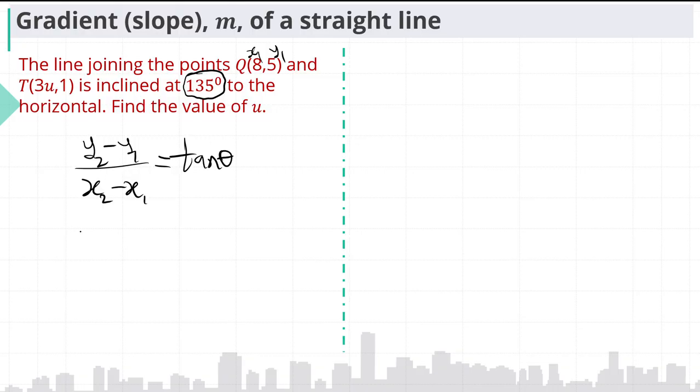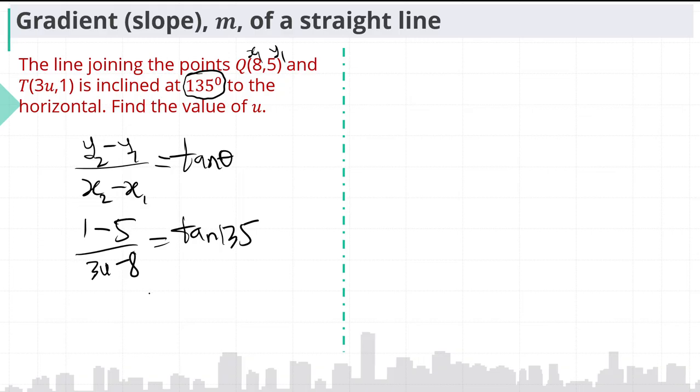Now substitute. Our y2 is 1, minus y1, which is 5, divided by x2, which is 3u, minus x1, equals tan 135.